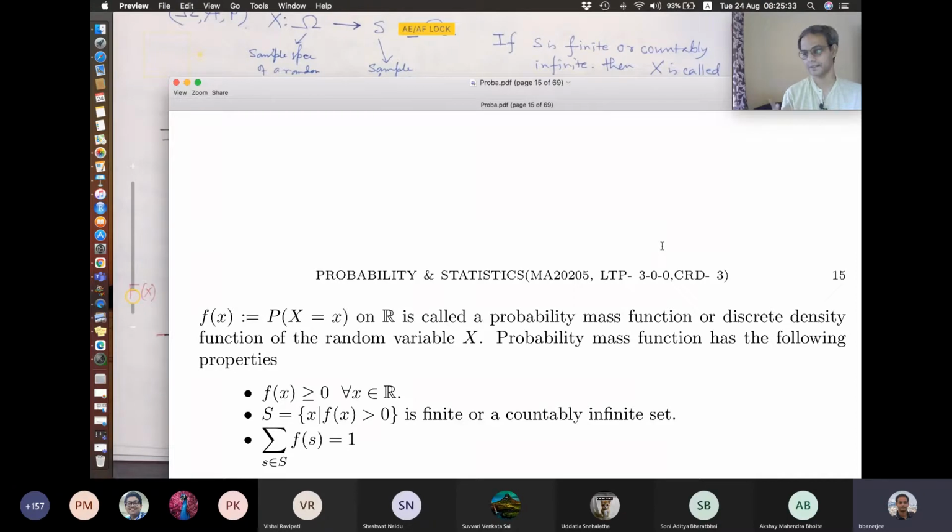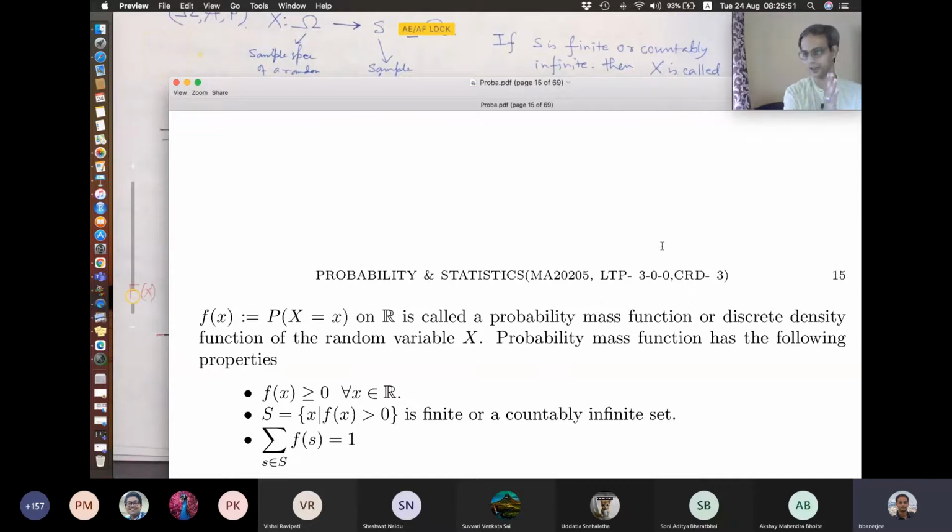In the set S, typically f(x) is strictly greater than 0 and the sum over s belonging to S of f(s) is 1. So total probability is 1.